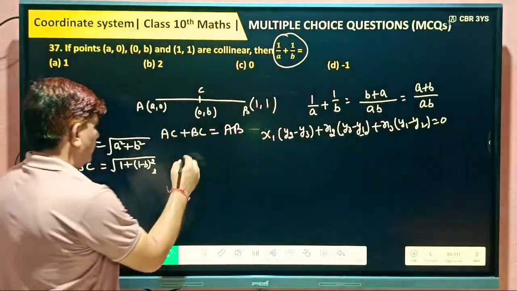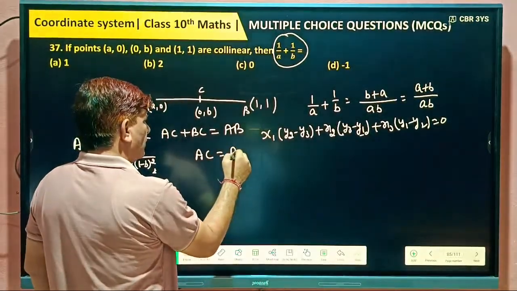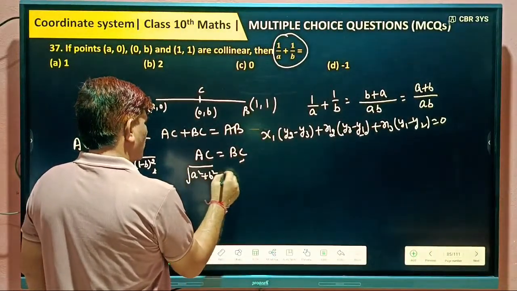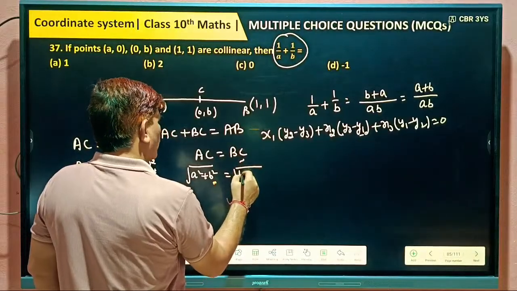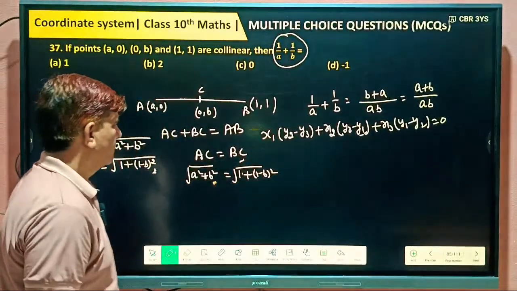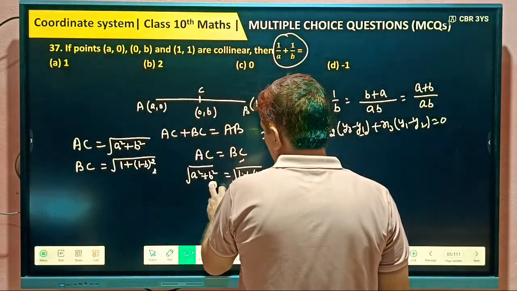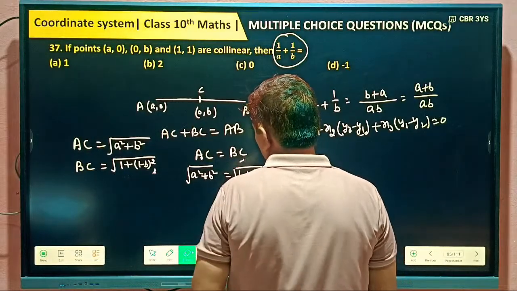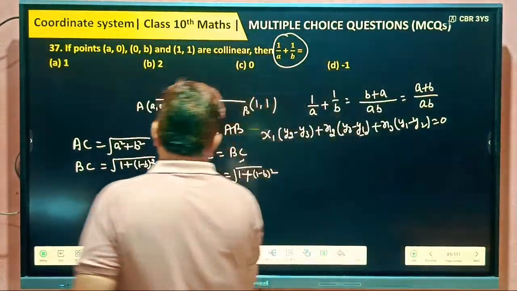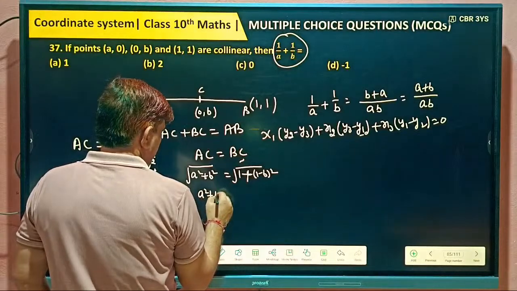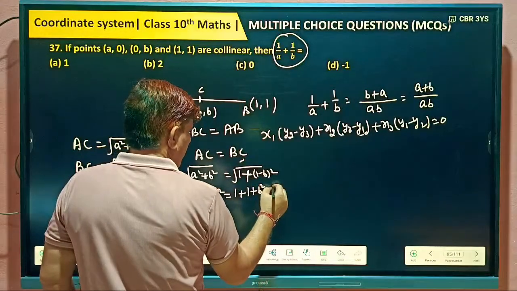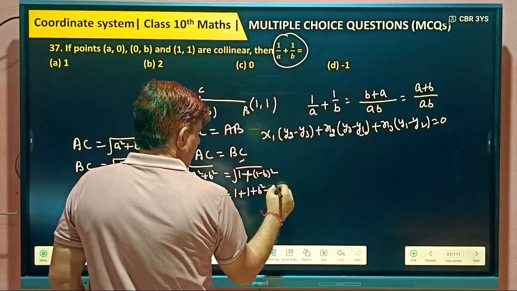Understood? What's given? AC equal to BC. So it means under the root A square plus B square equal to under the root 1 plus 1 minus B whole square. This is given to us. So squaring both sides, A square plus B square equal to 1 plus 1 plus B square minus 2B.